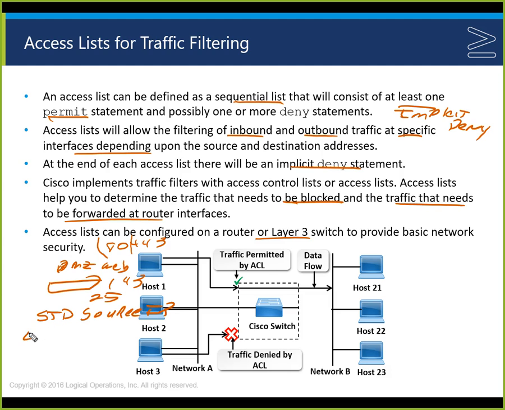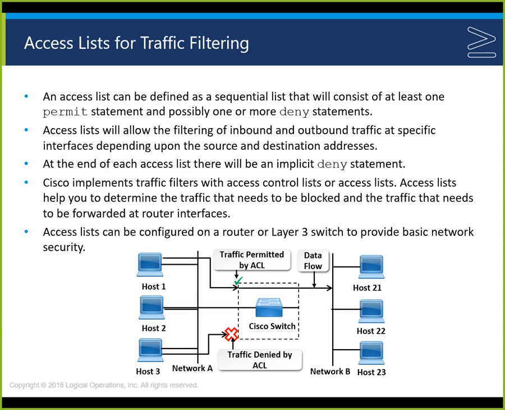The extended can be source and destination IP, as well as ports, TCP port numbers, or we can do IP addresses with it. So with a list of permits and denies, we need to have the more specific things at the top.